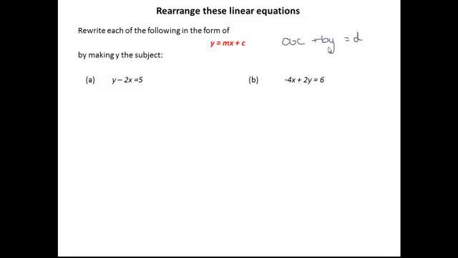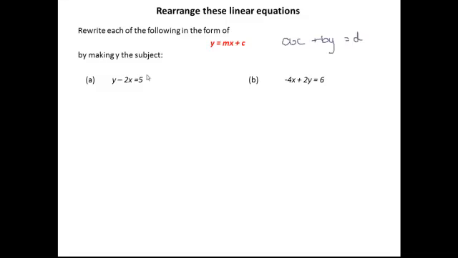Okay, so it's in a different form, but it's really useful for us to put lines in the form y is equal to mx plus c, because we can then immediately tell what the gradient of the line is and what the y-intercept is. So we need to go back to our ability to rearrange a formula that we learned in our algebra unit, so we can make y the subject so that it's in the form y equals mx plus c.